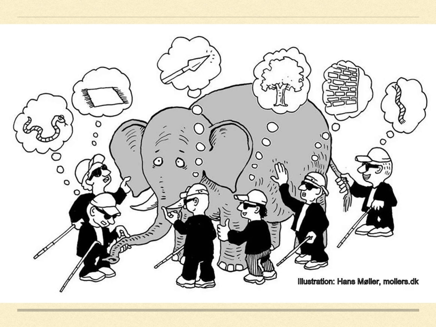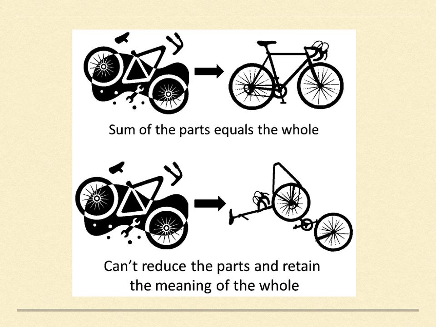Another way of looking at it is by realizing that reductionist thinking means if we understand the parts very well and we put the parts together, then the parts sum together equal the whole, which is what we see here at the top. However, with the human body, we can't really reduce it to its parts and still retain the meaning of the whole.